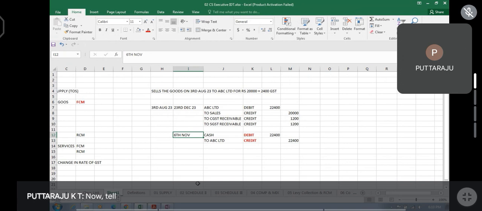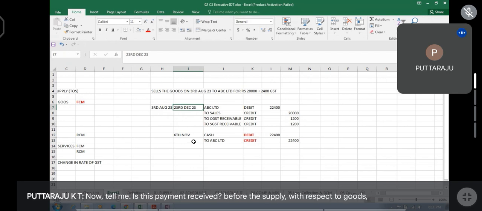Now tell me, is this payment received before the supply of goods liable to GST?